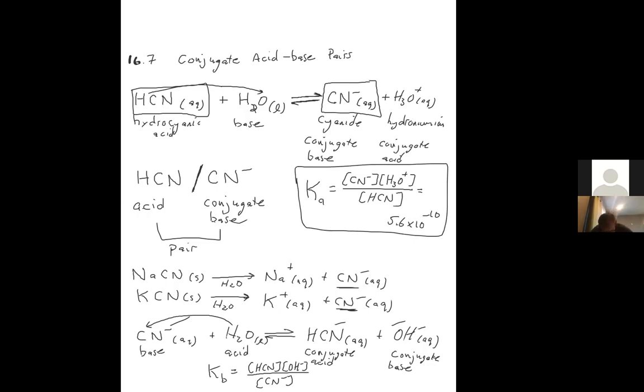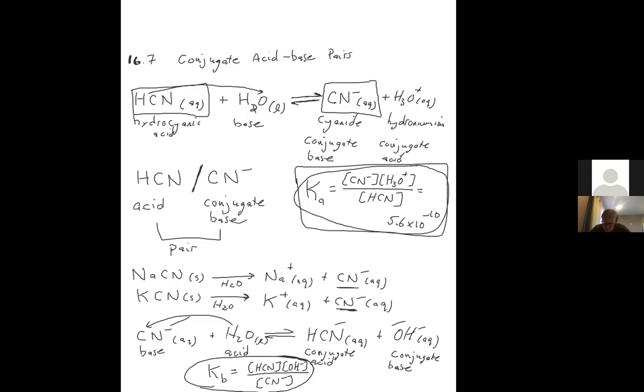So notice this expression for Kb is somewhat similar to the expression for Ka for HCN. They're not identical, but they're somehow similar, right? Both of them have HCN in it, and both of them have CN minus, cyanide.